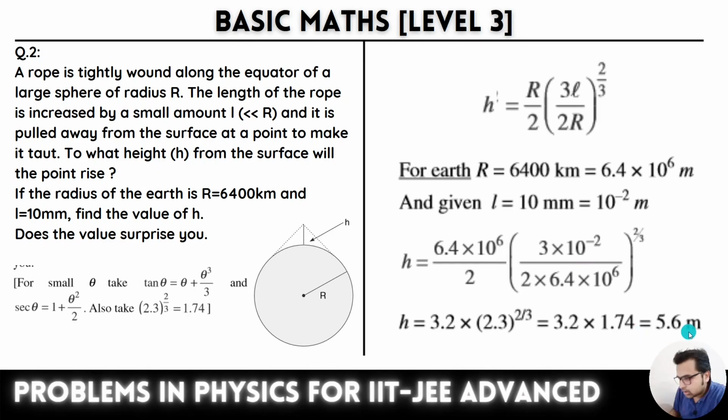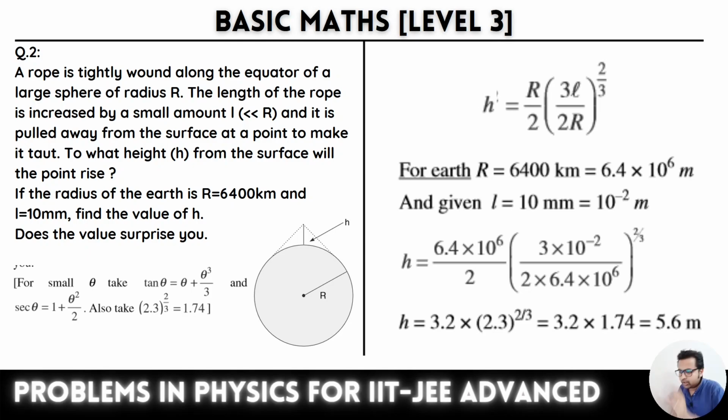So here one more interesting thing you can see: if we talk about Earth, we have a large rope of unknown length, and if we increase the length of the rope by just 10 millimeter, and try to pull it out, the height up to which we can pull it is 5.6 meter. So 5.6 meter is a very significant height. We can very easily see it with just 10 millimeter of expansion of length.